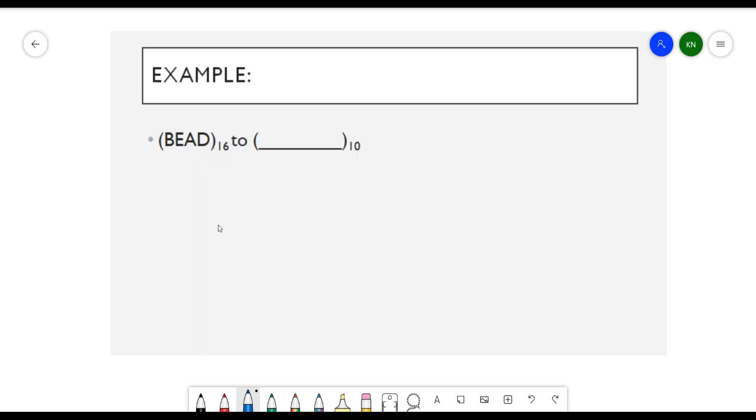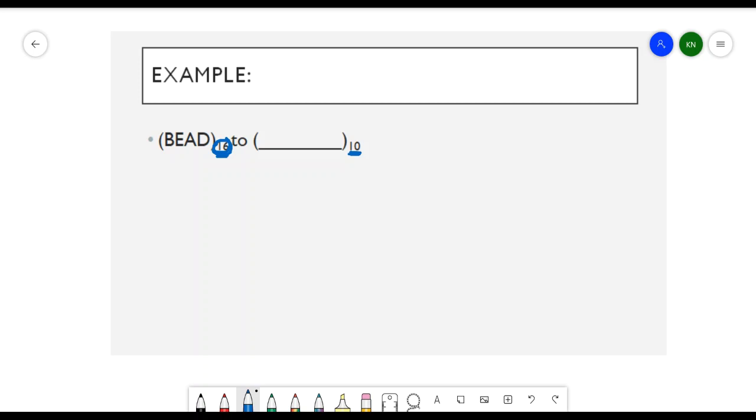Now we have here a hexadecimal number. As you can see, its subscript is 16, so that means this is hexadecimal, and we need to convert that into decimal. This is still under the other number systems, so we will follow the same process, the sum of weights.